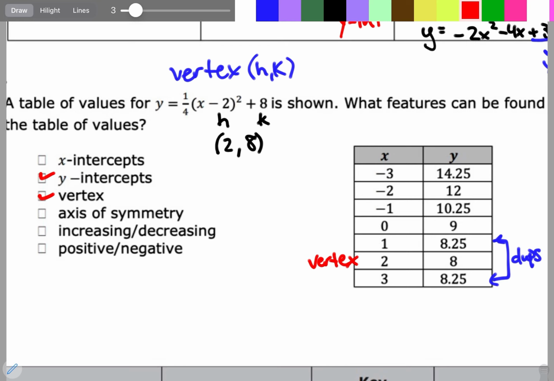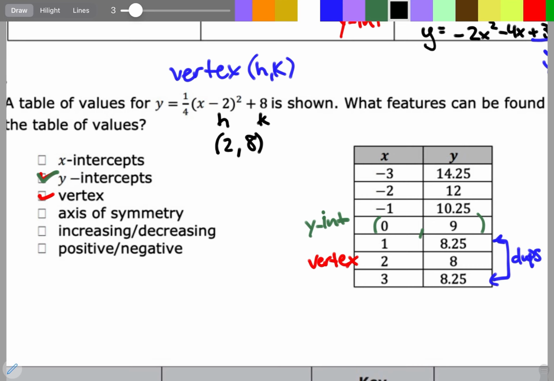And y-intercept on the graph is going to be, let's change that color, change it to green. Your y-intercept is going to be right here. In the table, if you have an x value that is 0, your y-intercept is positive 9. And I can work that out for you in a little bit.